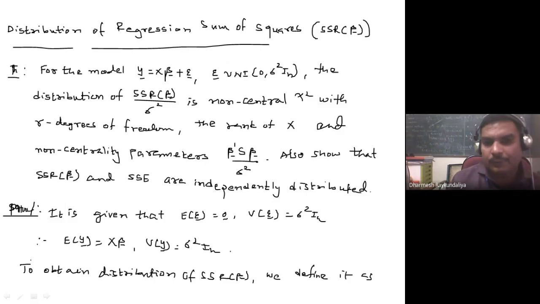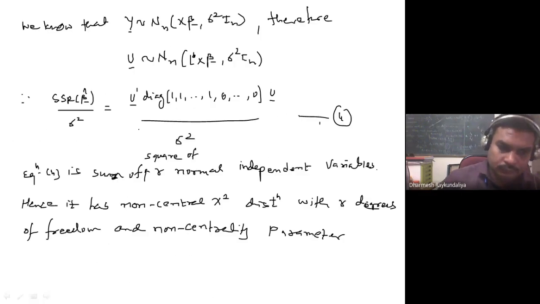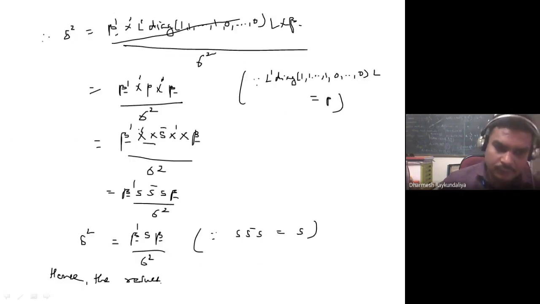SSR beta cap upon sigma square is a non-central chi-square with r degrees of freedom, that is the rank of x, and the non-centrality parameter is beta dash s beta upon sigma square. And further we have to show that they are independent of the SSE. So we have obtained that SSR beta upon sigma square has the non-central chi-square distribution.